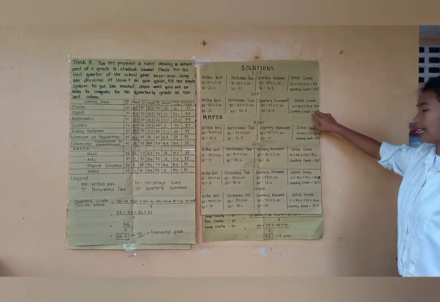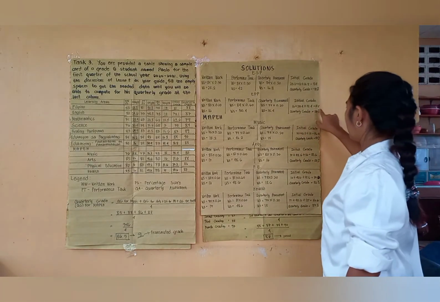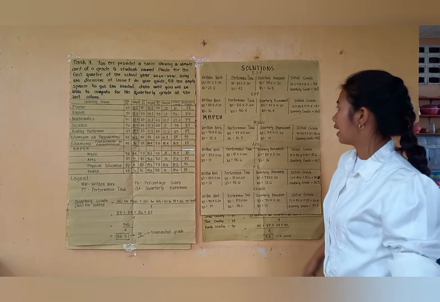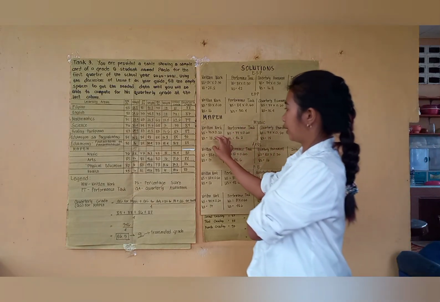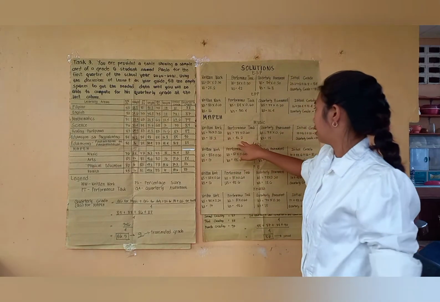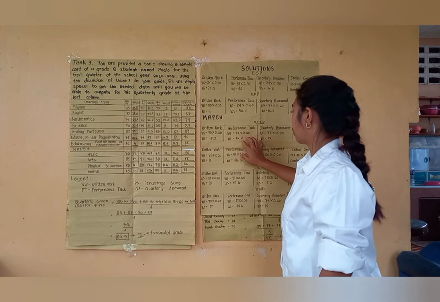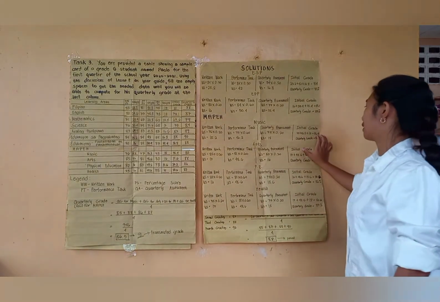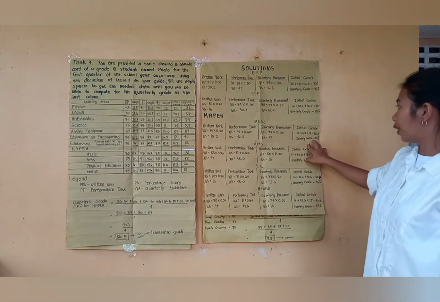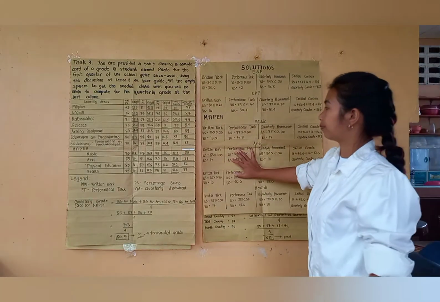The initial grade 81.8. Quarterly grade 88%. In MAPEH, in music, the written work is 15.2. Performance task 46.2. Quarterly assessment 15. Initial grade 76.4. Quarterly grade 85%.